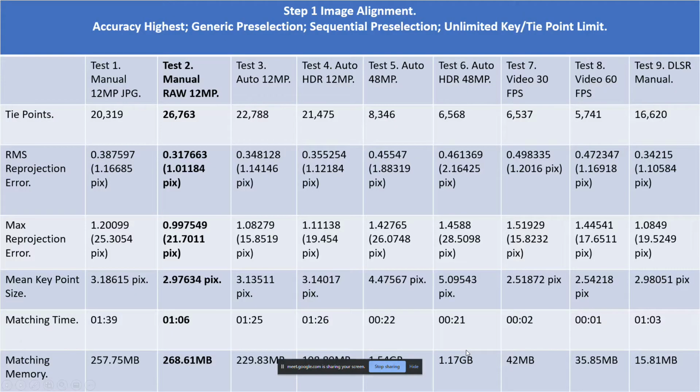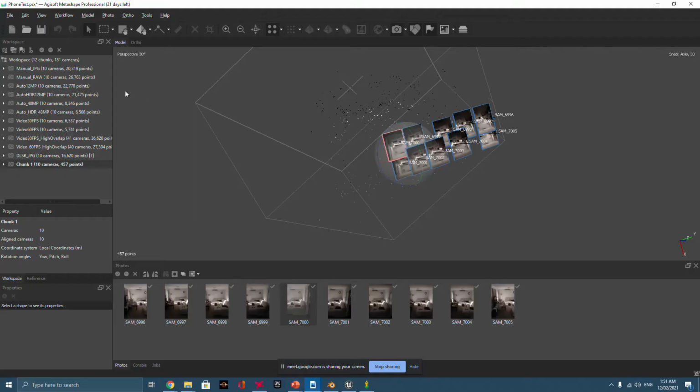Okay, so when you run the alignment, hang on. I ran the alignment for each set of photos. So you know, the manual JPEG, the manual RAW, all these ones, different tests.